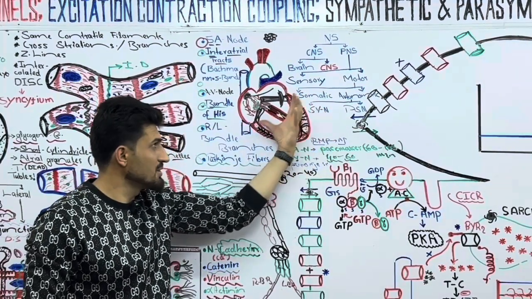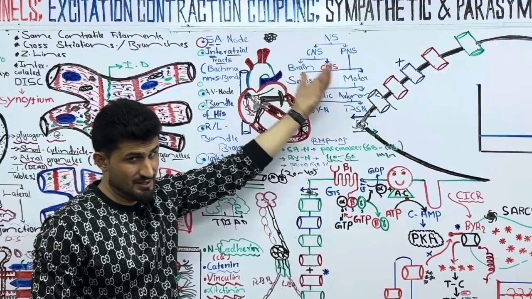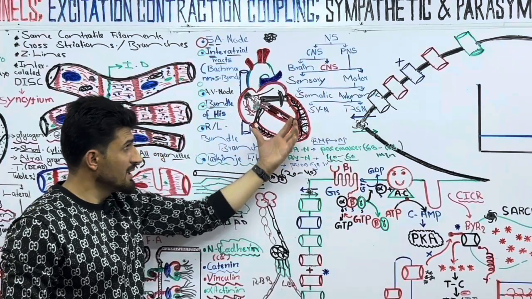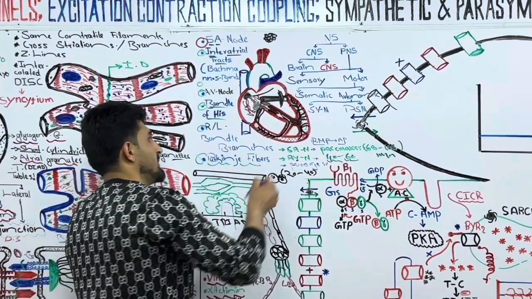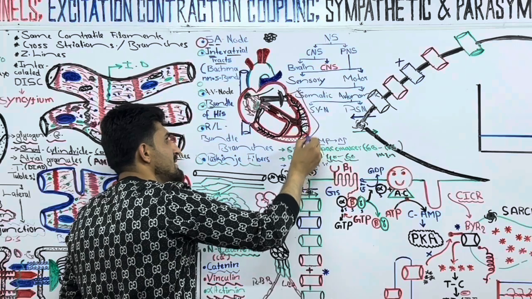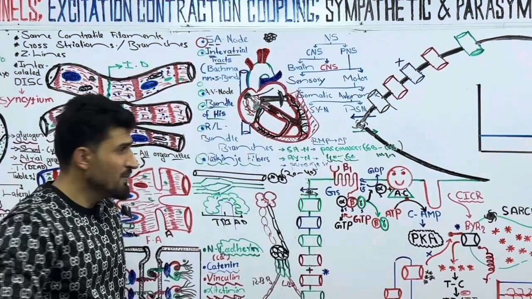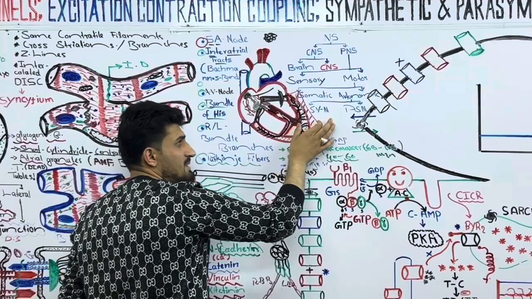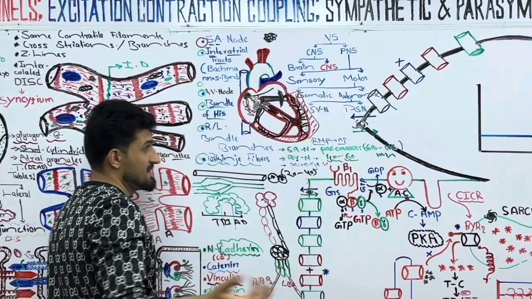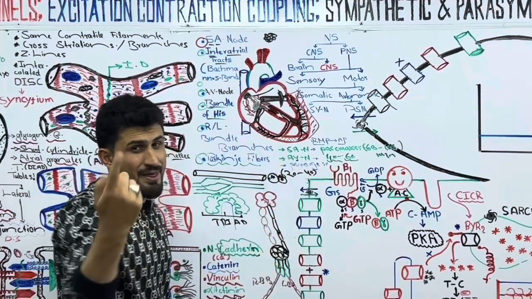That we'll talk about the mechanism of this under the title of cardiac cycle. But now we know that the left ventricle is thicker than the right ventricle. For example, the left ventricle is made of 10,000 cells and the right ventricle is made of 1,000 cells.